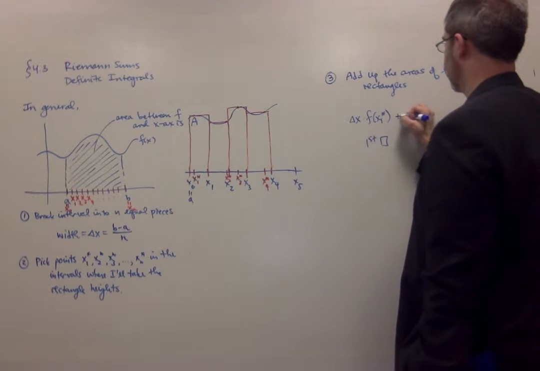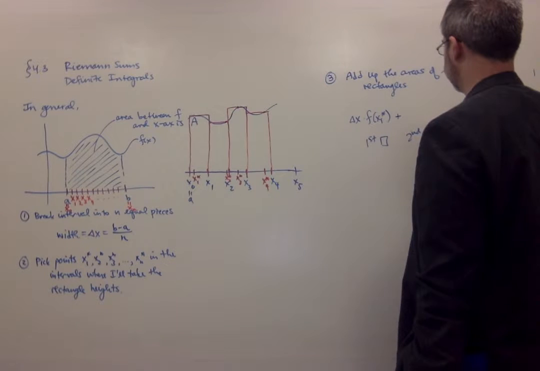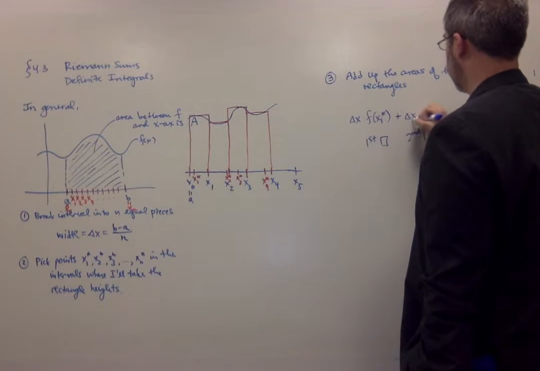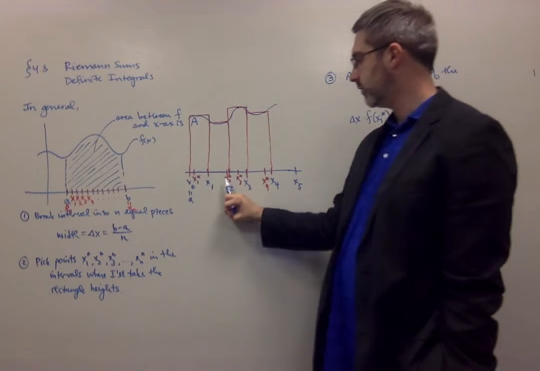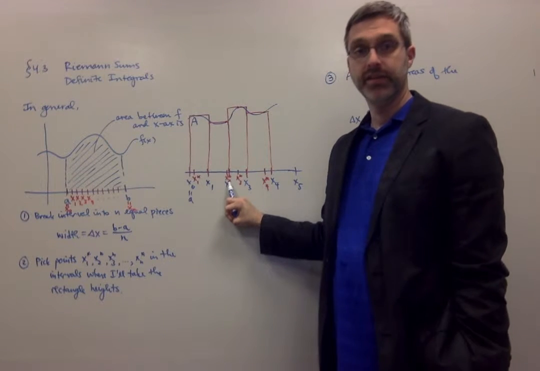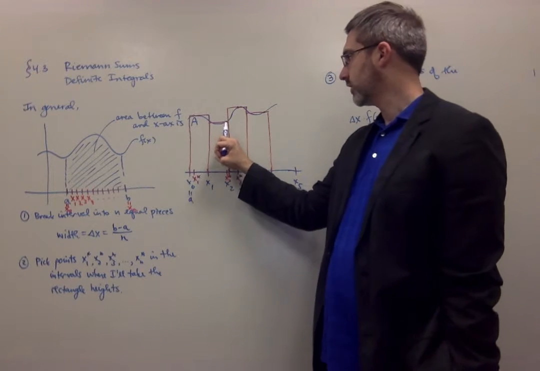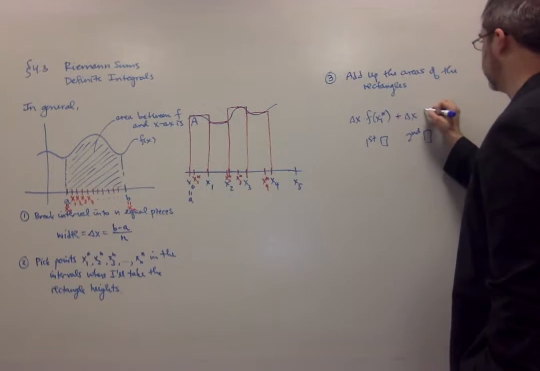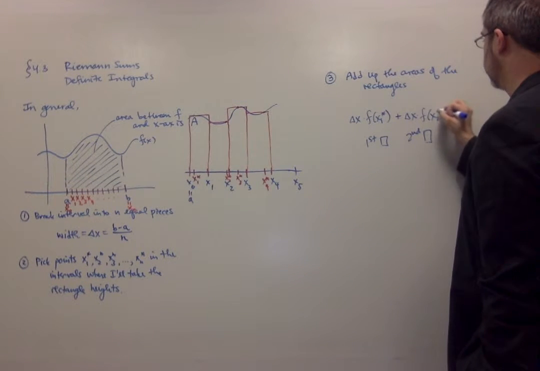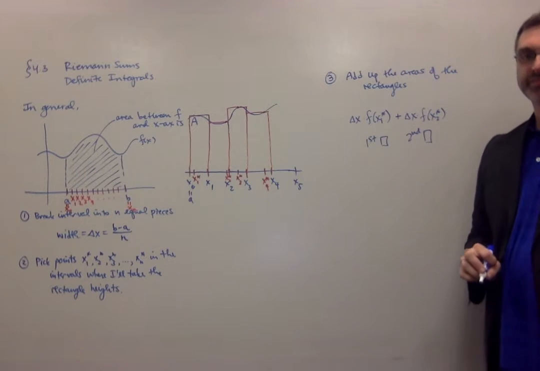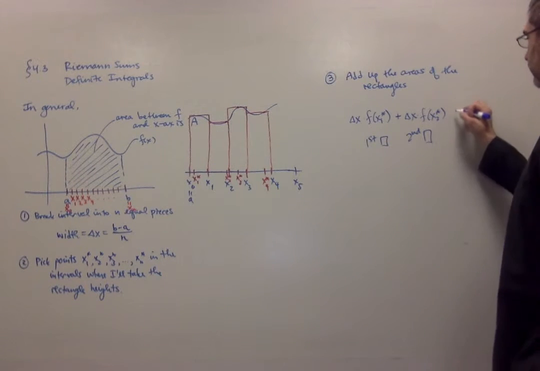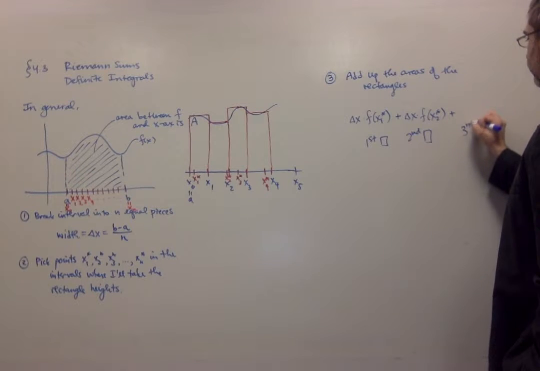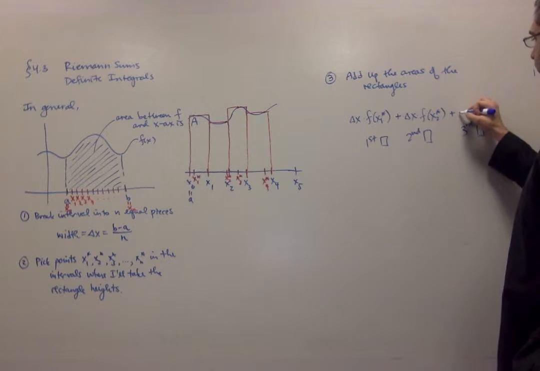Okay, second rectangle. The width is delta x, and the height is what we get when we stick the second point that we selected into the function. So it's going to be f of that point, which in this case we labeled x2 star. Okay. What about the third rectangle? What is going to be the formula for that area?